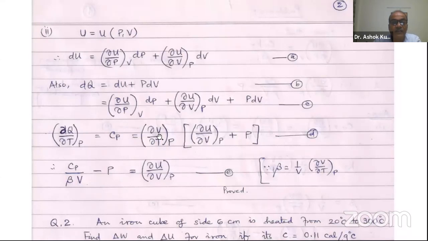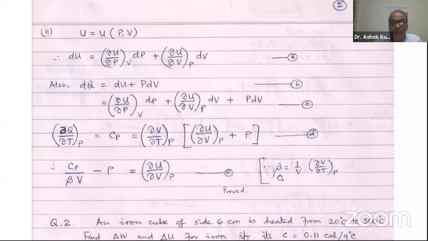Here we have del V upon del T at constant pressure, which we take common, and then in the bracket we have del U upon del V at constant pressure plus P, and this del T is divided all over. So now we have Cp by beta V minus P equal to del U, the left quantity, upon del V at constant pressure.